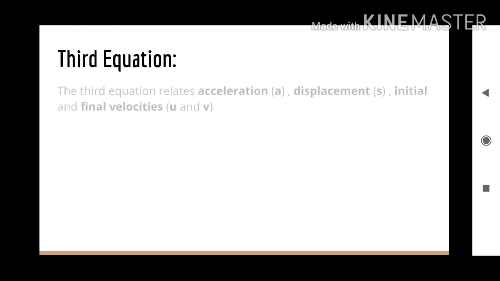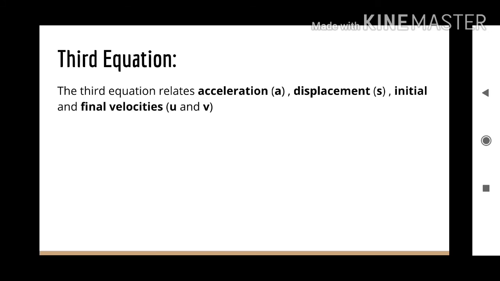Now the last equation of motion. In the last equation you don't have to worry about measuring time for the object. You just have to know acceleration, velocities, and the displacement. Based on these quantities, we can describe the motion of the object. The third equation gives the relationship between acceleration, displacement, initial velocity, and final velocity.